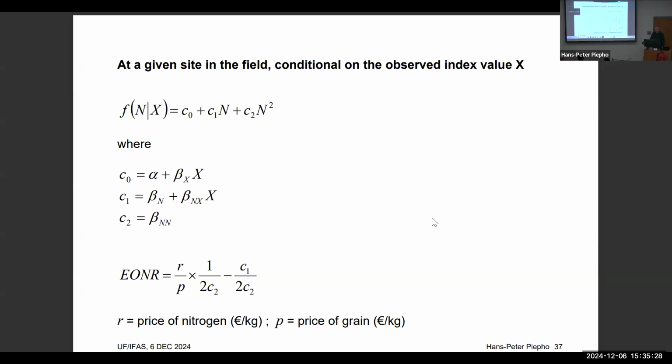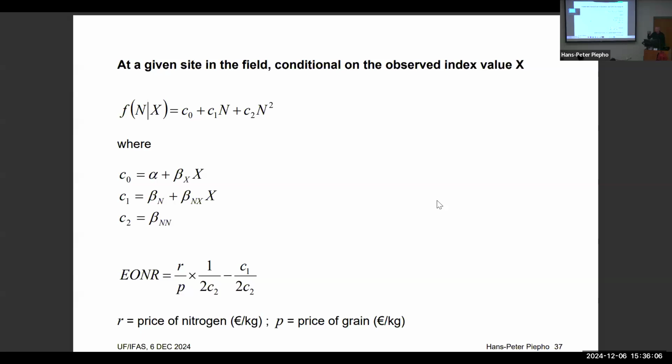And why do we think this is a useful model? At each point in the field, you can check the values of your vegetation indices, plug them into the model, and condition on the observed values. What you get is a simple quadratic model for N, where the coefficients for intercept and linear term, C0 and C1, are themselves linear functions of the vegetation index values.